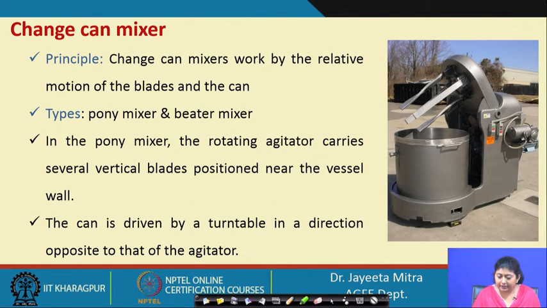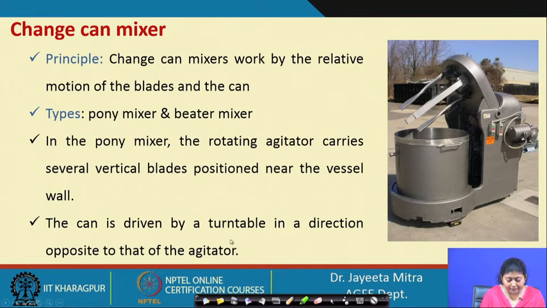So, we have seen that a lot of blades are mounted on the top section. The rotating agitator carries several blades, so these are rotating with the rotor, and they are positioned near the vessel wall.